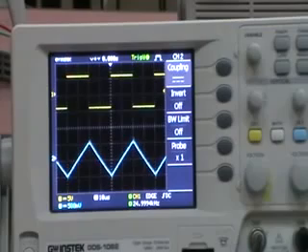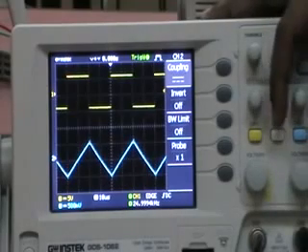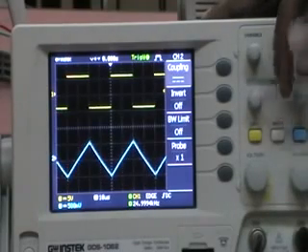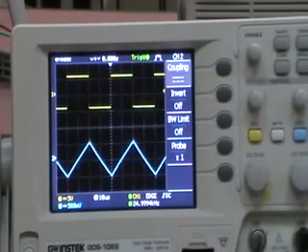So it does not go up to the complete 5 volts across the capacitor. Now coming to the 500 Hz case.